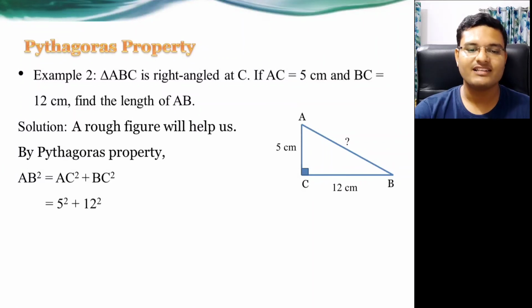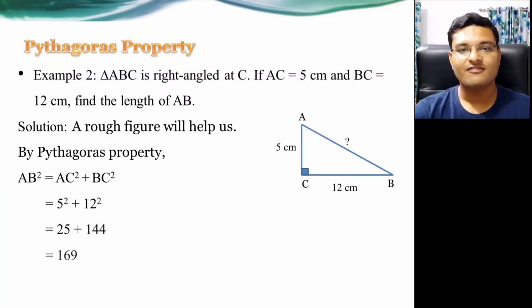We know 5 square is equal to 25 and 12 square is equal to 144. Putting these values in the equation, we get 25 plus 144 equals 169.